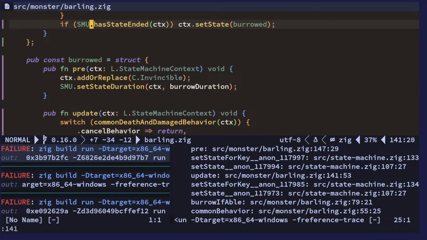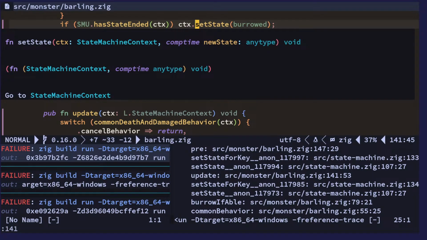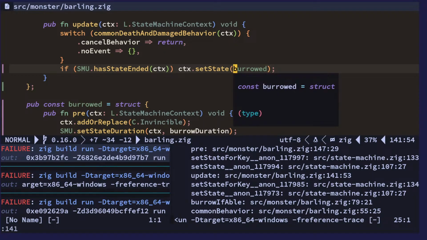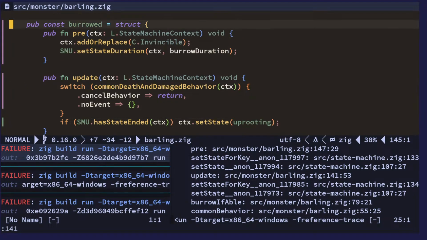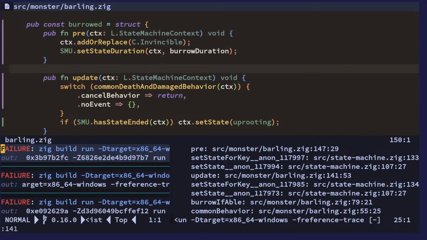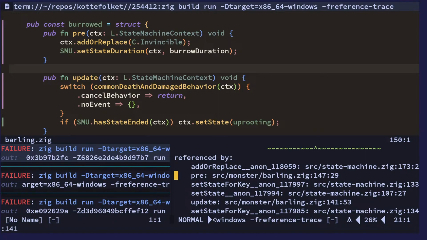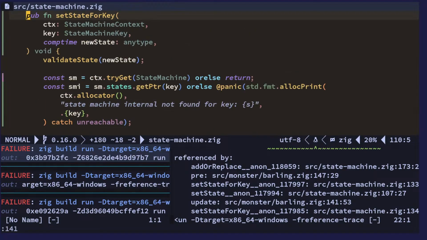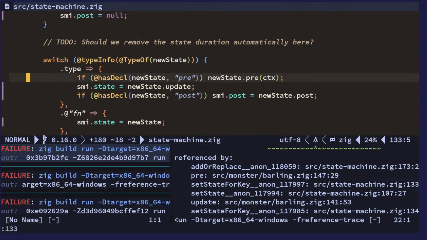What is going on? Okay, set state. Wait. State, okay. Pre. If has declaration.